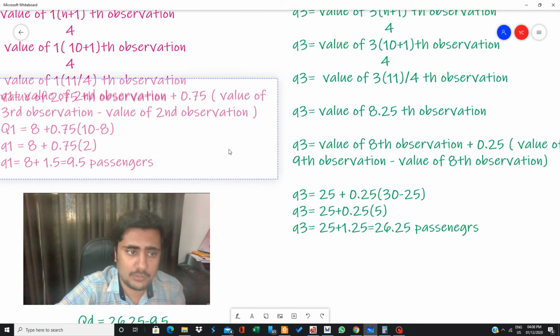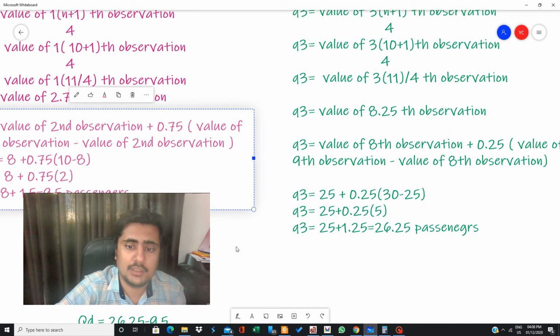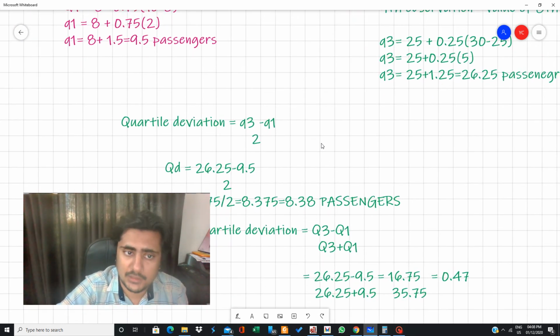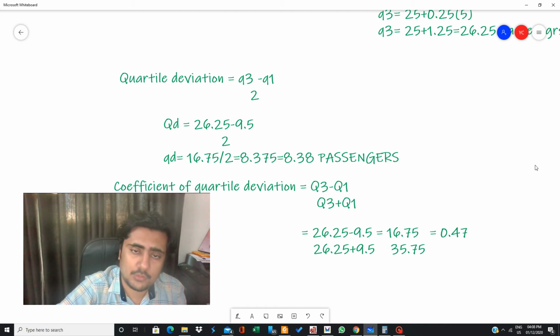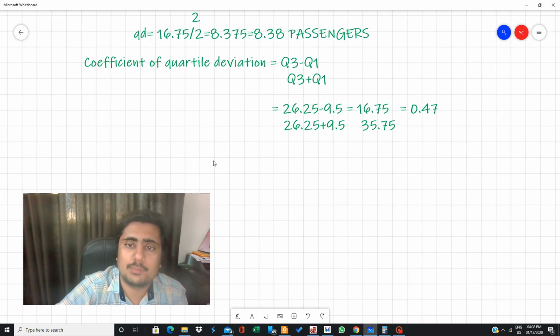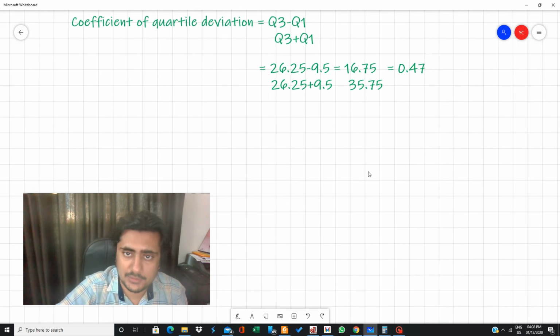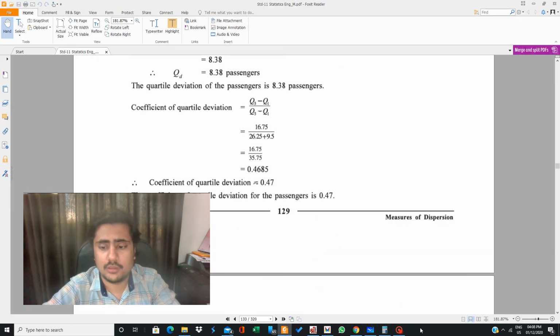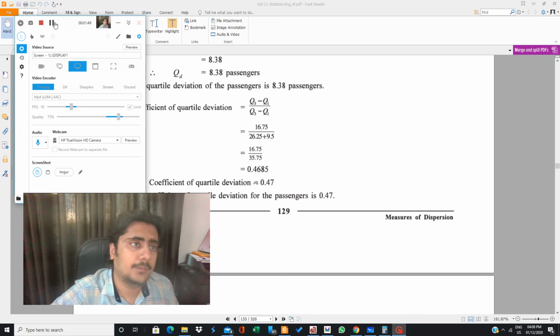So you have to find the number of observations. After finding Q1 and Q3, you just subtract and divide by 2 to get quartile deviation, and for the coefficient you subtract and divide by the sum. Now let us do one or two more sums.